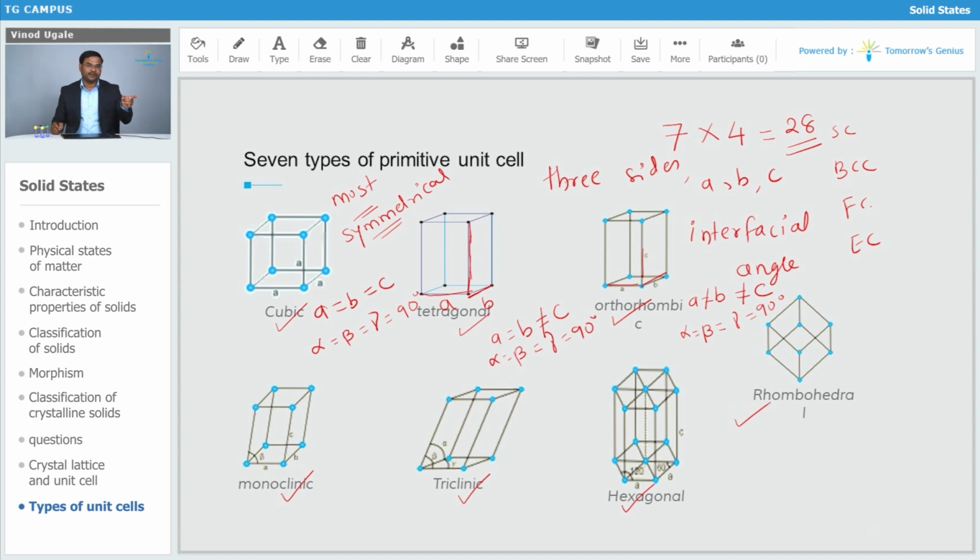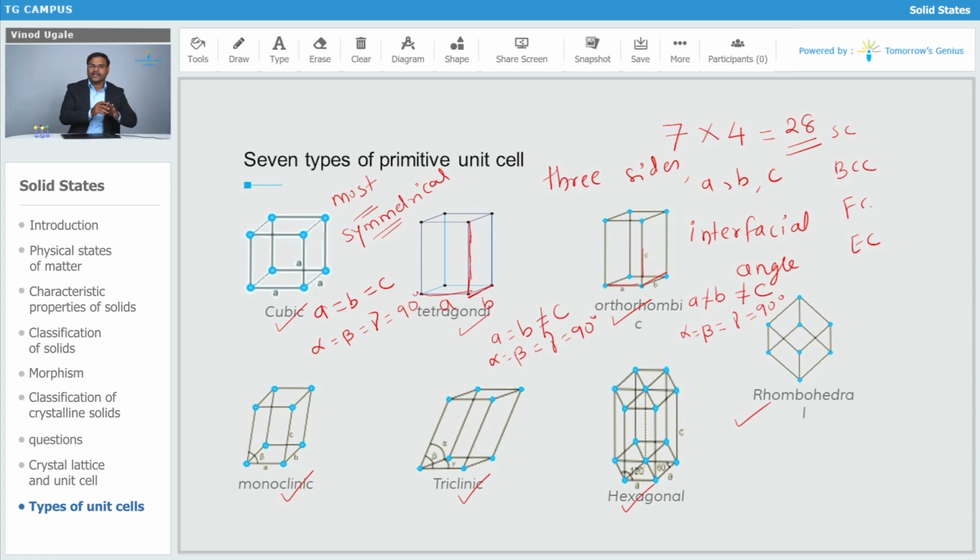A is equal to B is equal to C, alpha is equal to beta is equal to gamma is equal to 90 degree, all angles are 90 degree. In case of tetragonal, two sides equal, one is unequal, all angles are 90 degree. In case of orthorhombic, all sides are unequal, but all angles are 90 degree. So we can say in these first three systems, all angles are 90 degree.